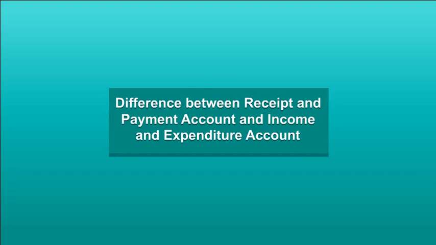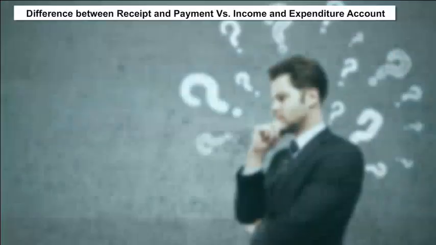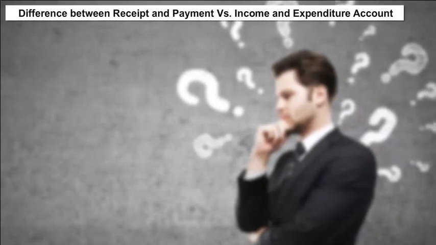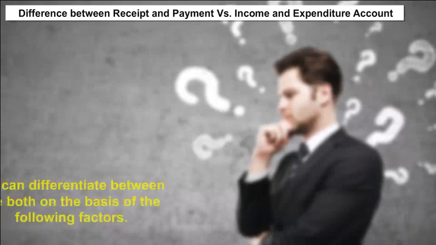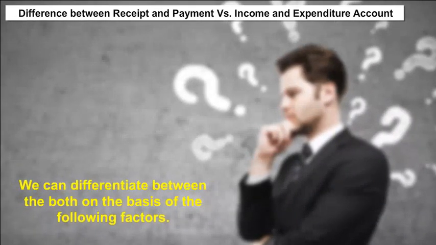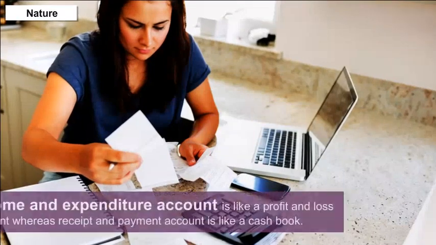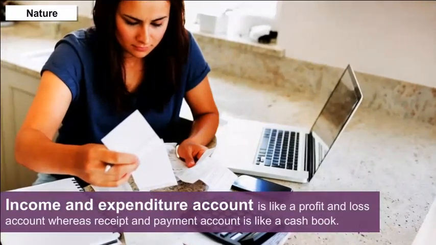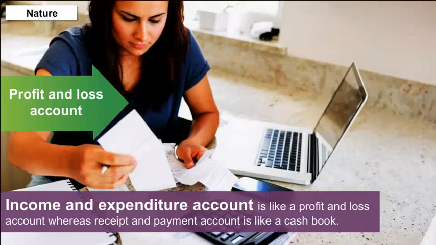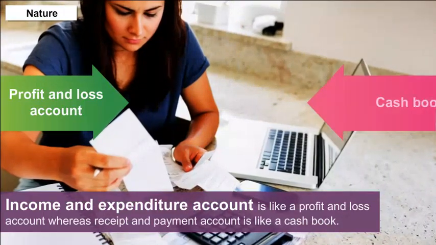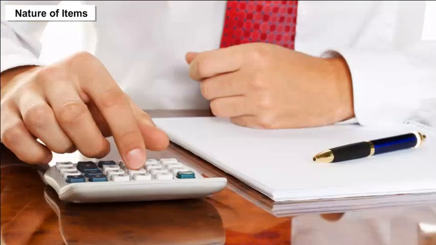Difference between receipt and payment account and income and expenditure account. We can differentiate between the two on the basis of the following factors. Nature. Income and expenditure account is like a profit and loss account, whereas receipt and payment account is like a cash book. Nature of items.